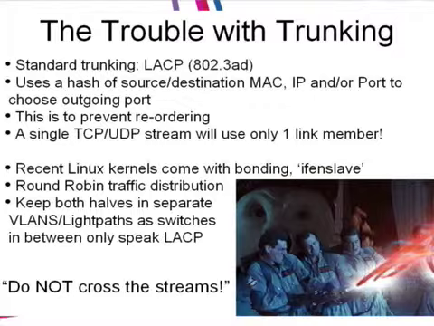One of the ways we do that is trunking, where we take not 1 gigabit line, but 2 gigabit lines. Trunking has its own challenges. The standard trunking is called LACP, Link Aggregation Control Protocol. It uses a hash of the source address or the destination address or the MAC address or whatever. This is actually done to prevent reordering.